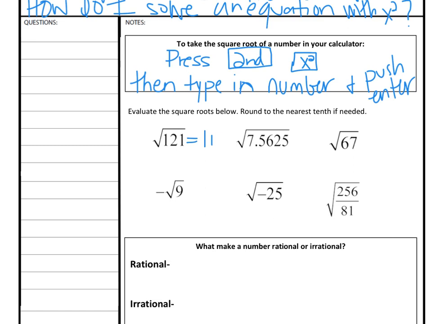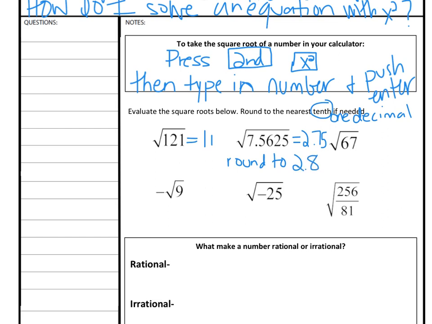If we type that into our calculator, it turns out to be equal to 2.75, and then it stops. That's nice, but we need to round to the nearest tenth, and that means that we only want one decimal after the decimal point, one number after it. So we would round this one to 2.8 for our answer.